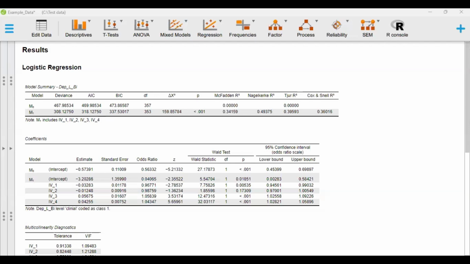And the other values that you want to interpret here are the four measures of R squared. All of them can actually be beneficial, but they are just different measures of R squared, very similar in interpretation to the R squared that we have in multiple regression.